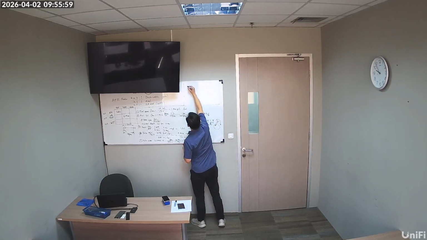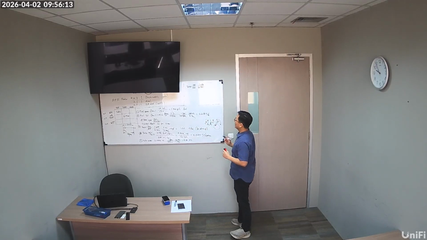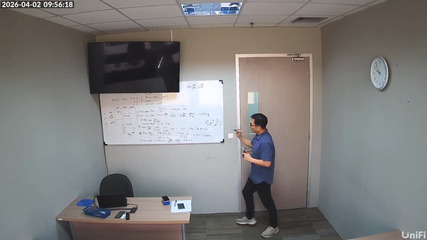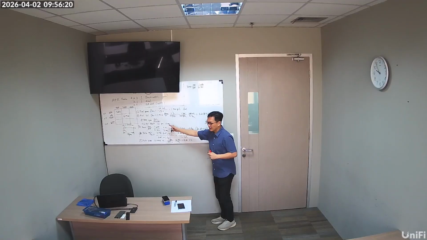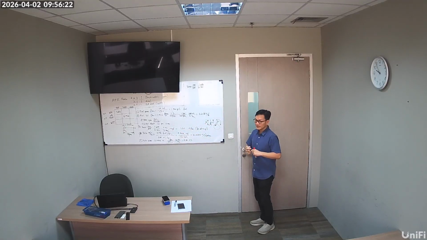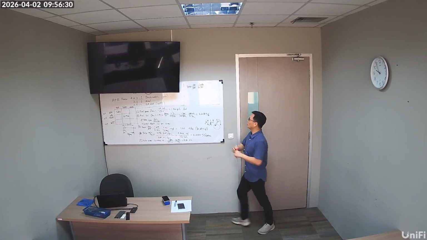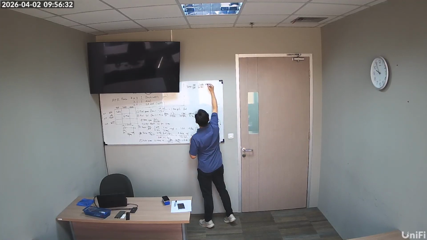And we have how many cycles per revolution? 2 revolutions, 1 cycle. So it's 0.5 cycle per revolution.